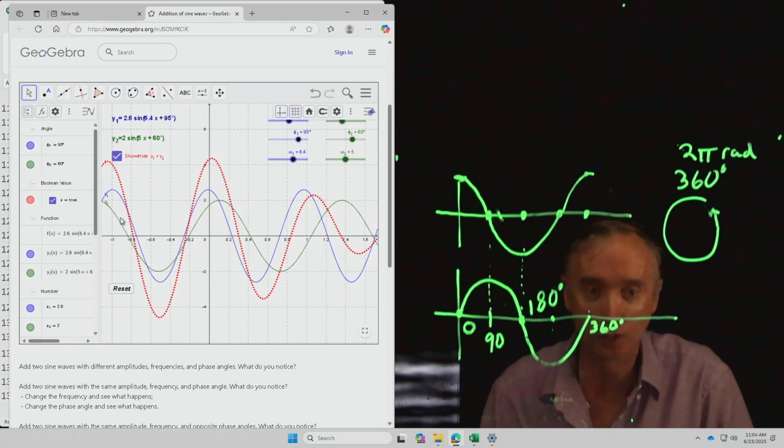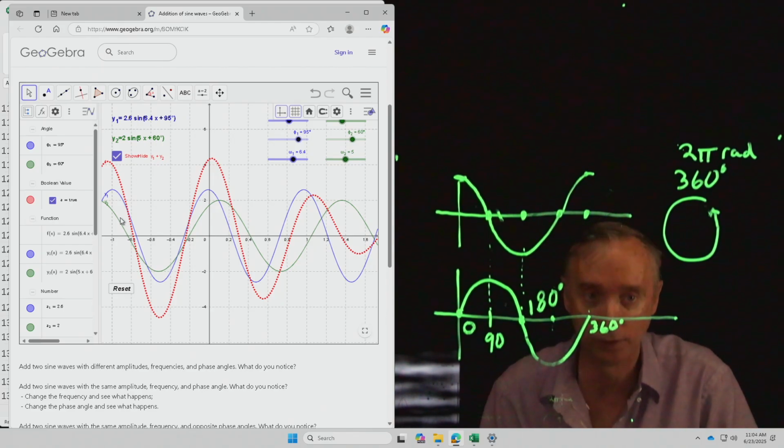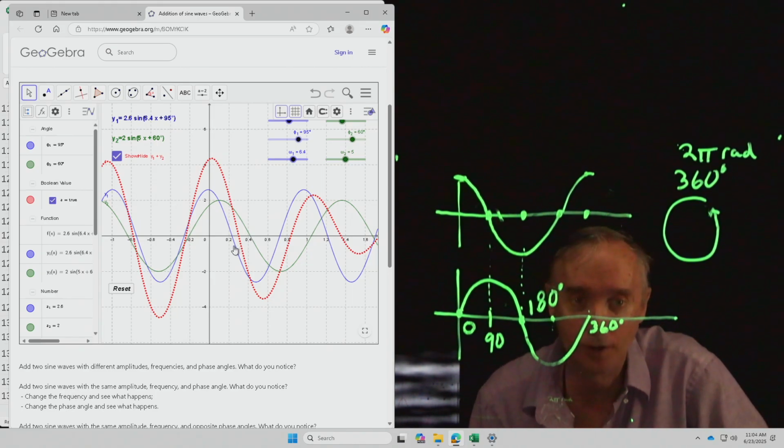What does the wave look like when two waves are interfering constructively? And when they're interfering destructively, what do they look like? And under what conditions? The frequencies of the two waves have to be related to each other. So look it up on the internet if you don't know.